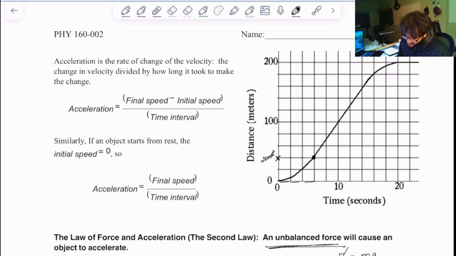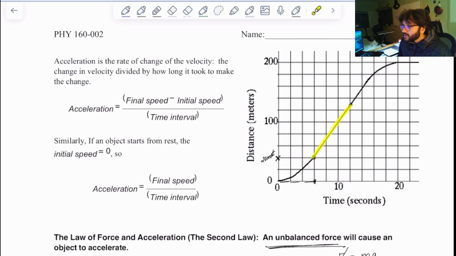Let's make sure that is the case. So that's 6 seconds. Every box is 2 seconds, so that's 10, then that's 12. Okay, so yeah, it makes sense that this is a straight line, and that's why it says that it was traveling with constant velocity.